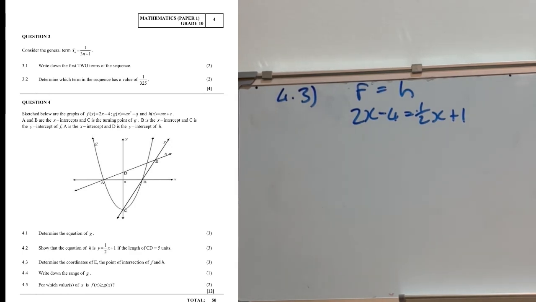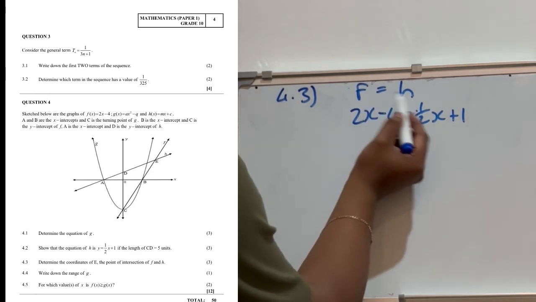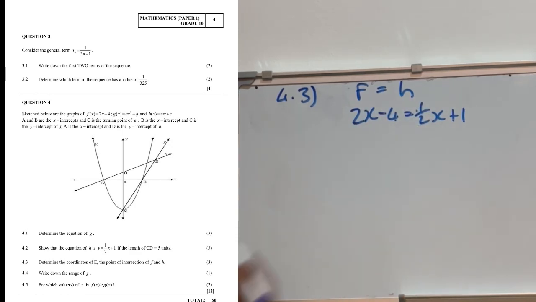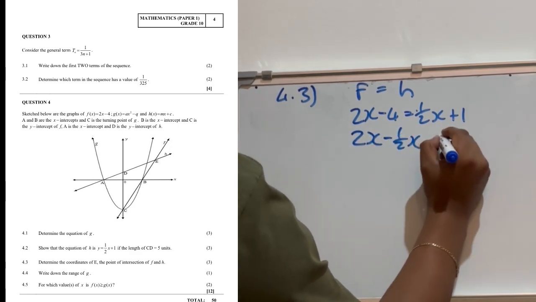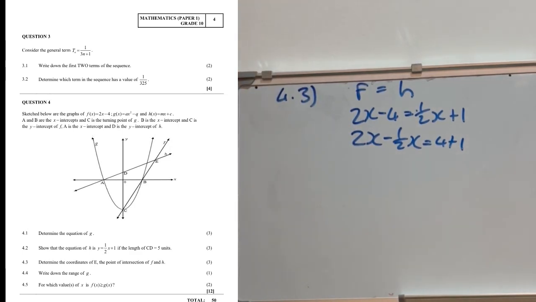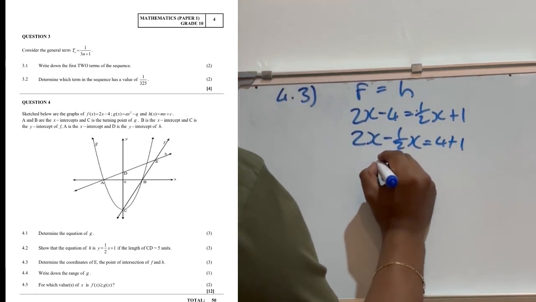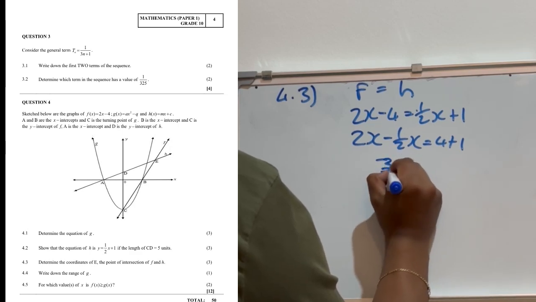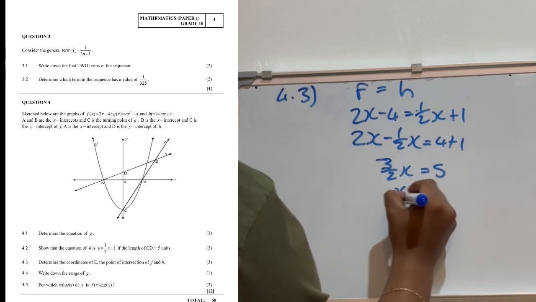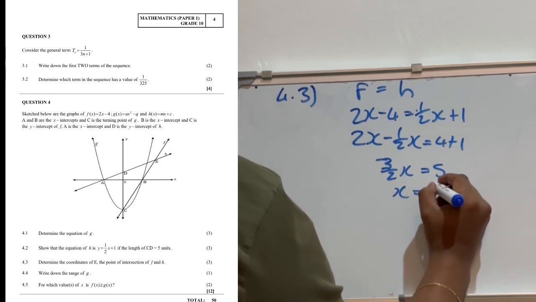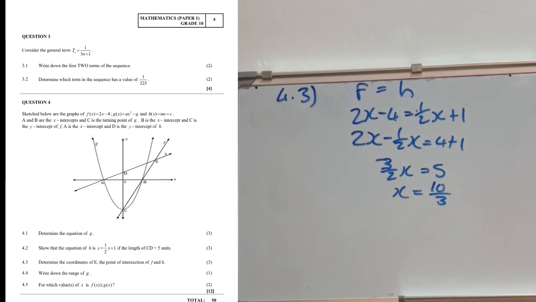So next question is determine the intersection point of F and H, which is E. What do you do there? You make the two graphs equal. So F equal to H. Only thing we can do, we take the x's to one side and take the numbers to one side. So it's x minus a half x equal to 4 plus 1. So this is 3 over 2 x equal to 5. So divide that in, then x will be 10 over 3.